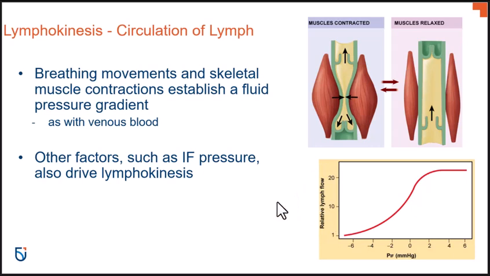So thinking back to your tissues, when there's fluid within the tissues, the higher amount of pressure driven by products, in particular the fluid and anything dissolved in it, within that interstitial fluid, the higher that pressure is, the more it will encourage the movement of lymph entering the lymphatic system and moving through it.